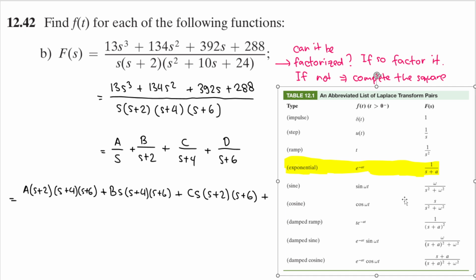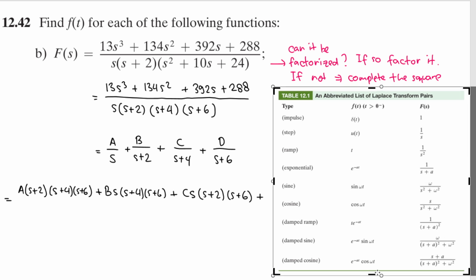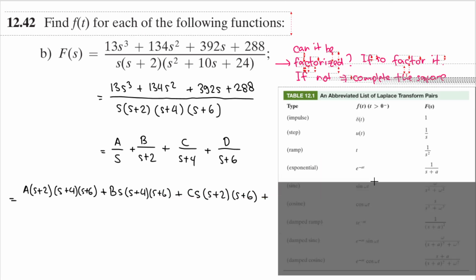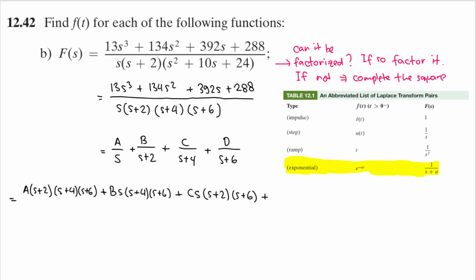let's crop this out first, because we only need that exponential function right here.